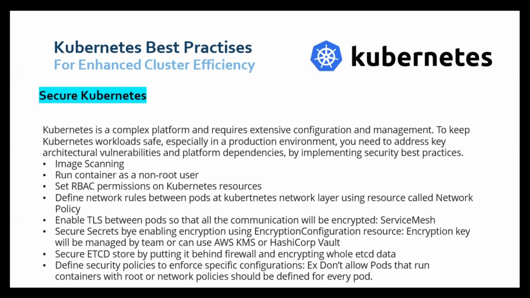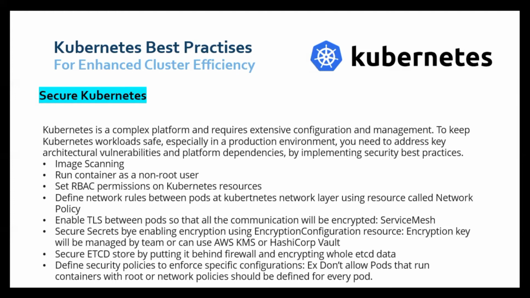The third one is set RBAC permissions on Kubernetes resources. So RBAC is nothing but role-based access control. What it tells you is that you should not give all permissions to a single entity.